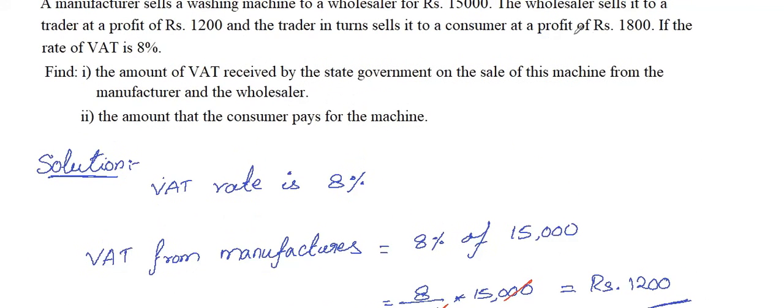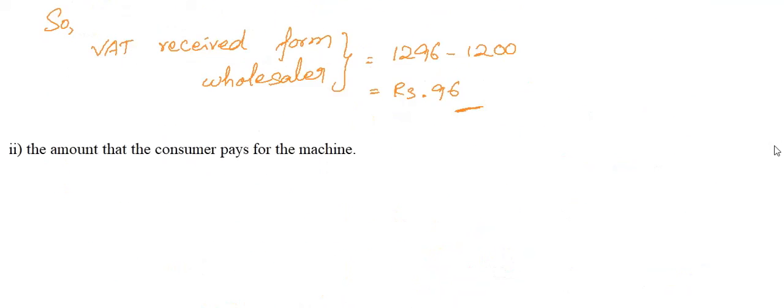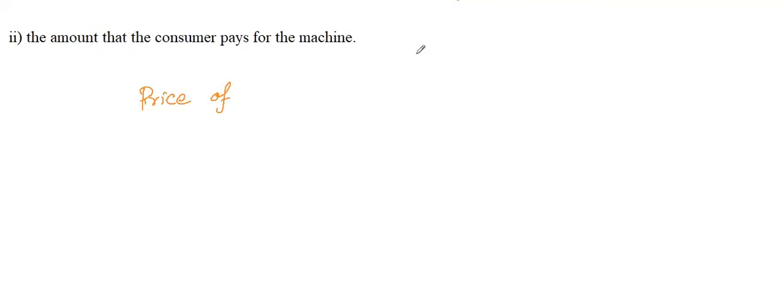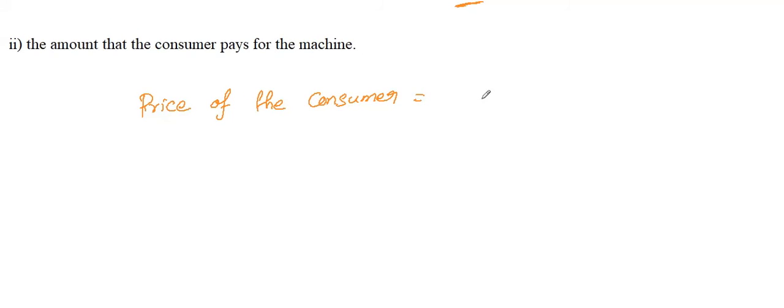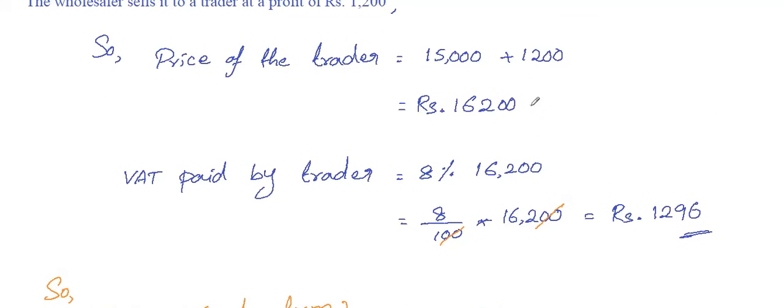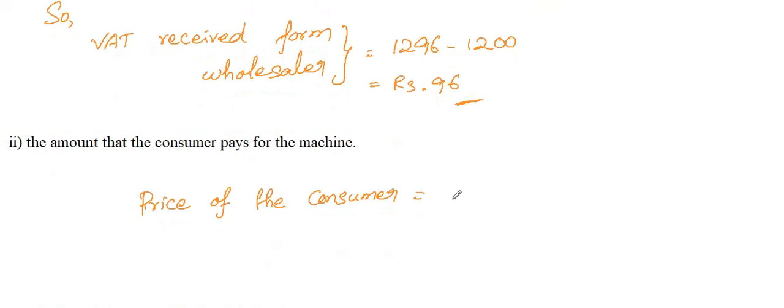Now let's move to the second part, which is the amount that the consumer pays for the machine. So the profit is 1,800. So the price for the consumer is 16,200, which is the trader price, plus 1,800, which is 18,000 rupees.